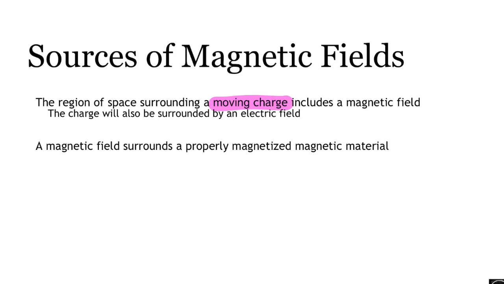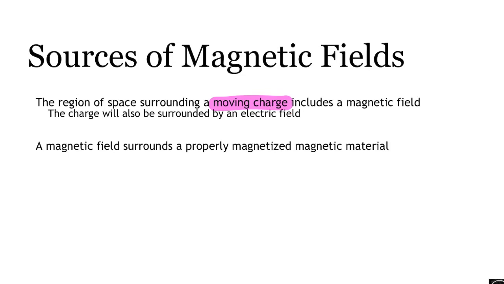Not to forget, if there is a charge, surrounding it there will also be an electric field. This is our previous lesson. The electric field exists whether the charge is in motion or static. But the magnetic field only exists whenever the charge is in motion.